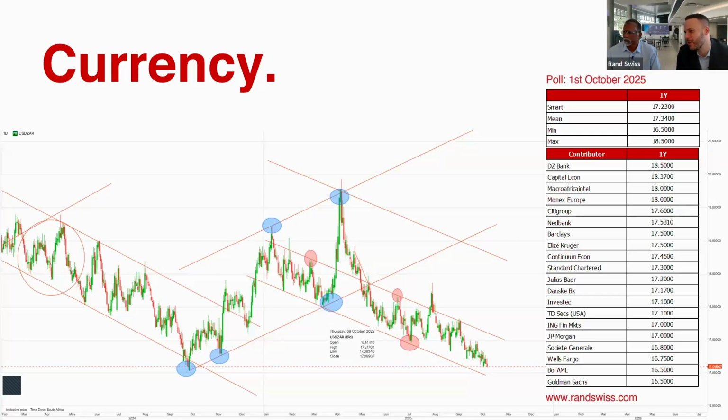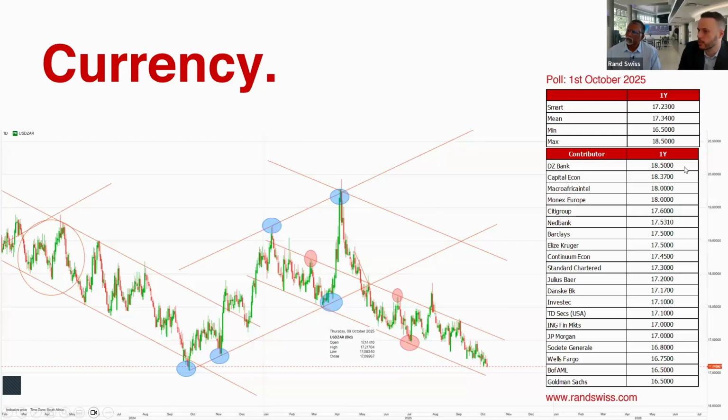And you can see, one of the things I always point to clients is the range that we're trading in at the moment. So the lowest estimate on the rand dollar exchange rate is about 16.50. Yesterday we were at 17.09. I think we're back to 17.20 at the moment. So if you are looking at this product in rand terms, it does seem like a decent time to exit, in my opinion. The rand is quite a lot stronger, and looking at forecasts in terms of rand dollar, I would expect to see a dollar rebound.